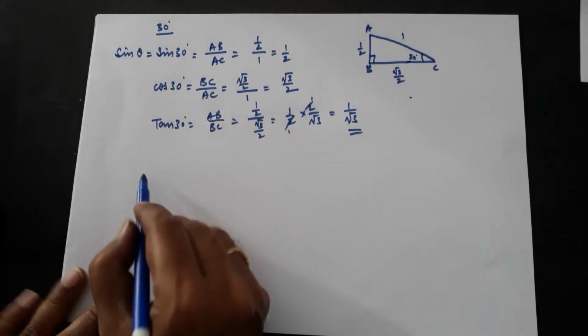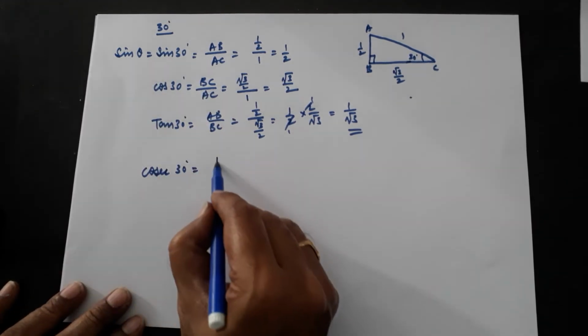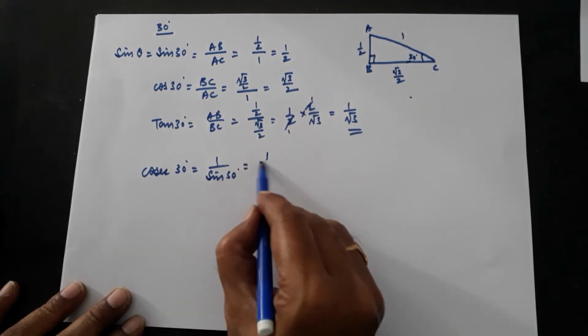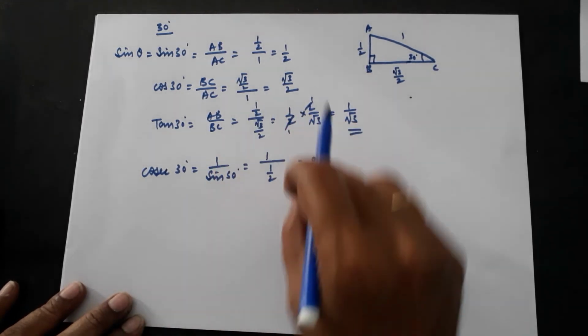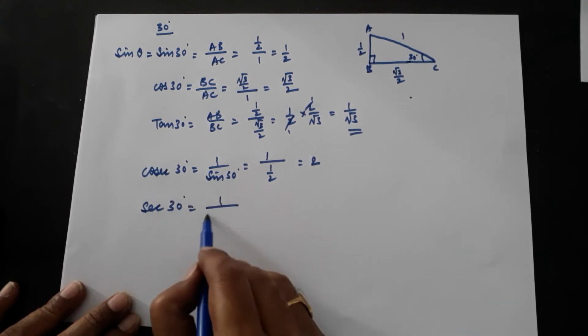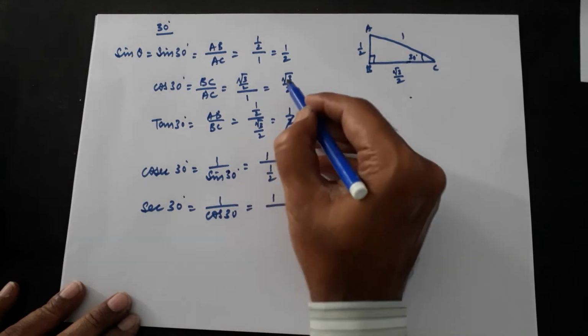So using these three we can find cosecant 30, which is 1 by sin 30. Sin 30 is 1/2, so 1 by 1/2, which is 2. Secant 30 is 1 by cos 30. What is cos 30?